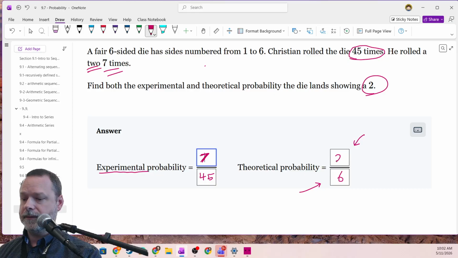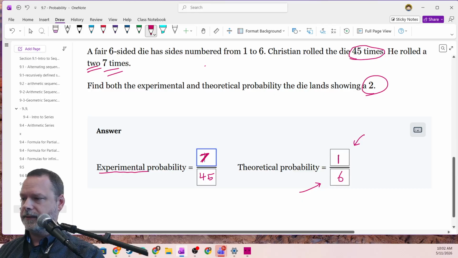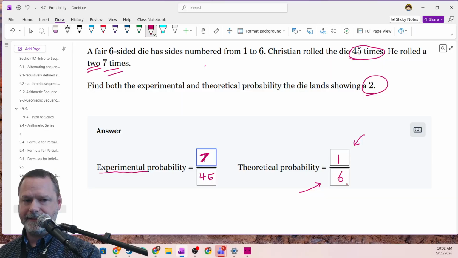So there's 1. So each time we roll it, there's 1 outcome that we'd like to get out of 6. So there's our theoretical probability, 1 out of 6, and our experimental probability would be 7 out of 45. And it's as simple as that. Nothing more to it.